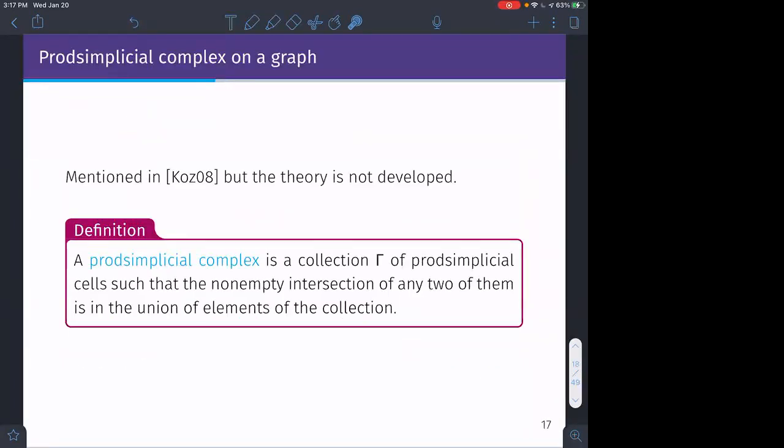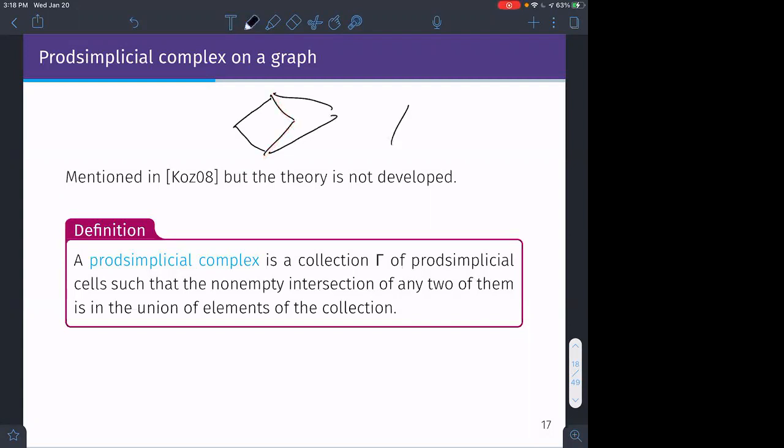So for a prodsimplicial complex, I have to tweak the definition a little bit. Inclusion and intersection don't work exactly right. Essentially, what could happen is I could have a square which is connected to another square along these 2 lines.